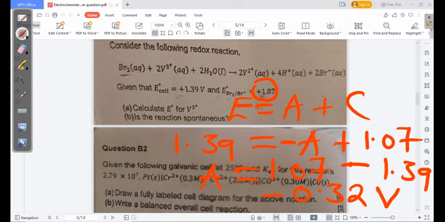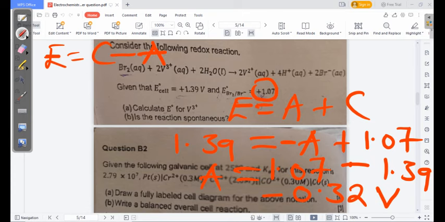Is the reaction spontaneous or not? Yes. Okay, so we find the standard cell potential by adding, or whatever formula you are used to. You can say your standard cell potential is your cathode minus your anode.